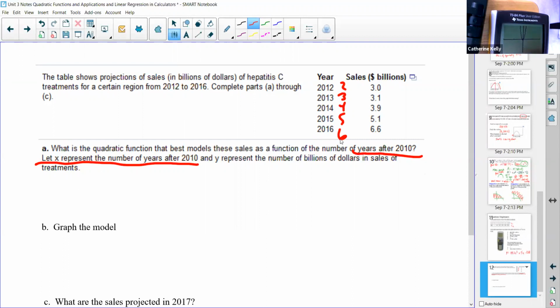So I'm going to put that in my L1, stat, edit, list 1. And list 1 is going to be 2, 3, 4, 5, 6. And list 2 is going to be 3, 3.1, 3.9, 5.1, and 6.6.